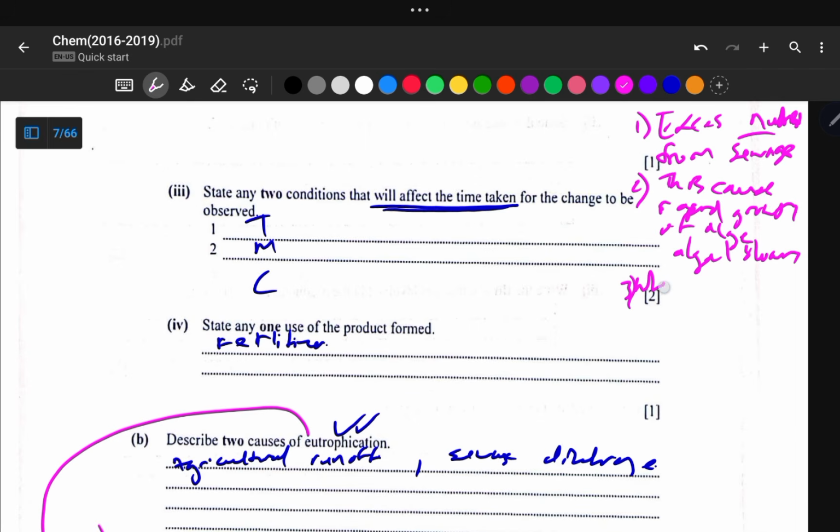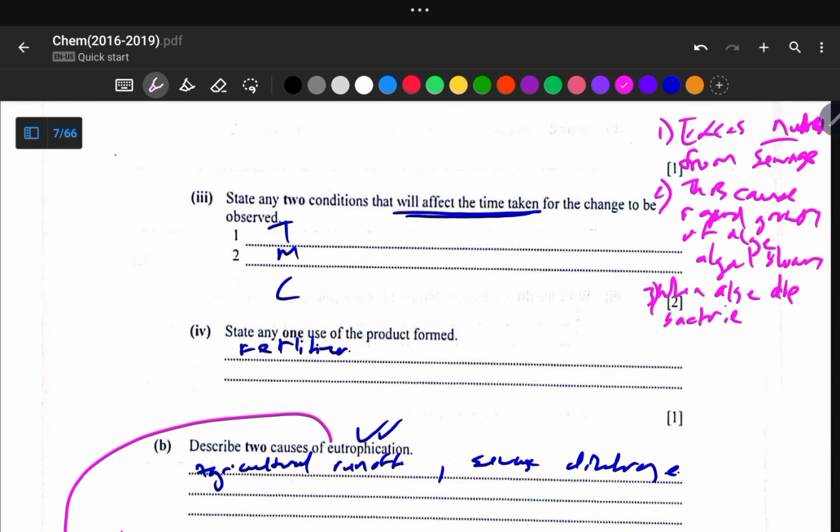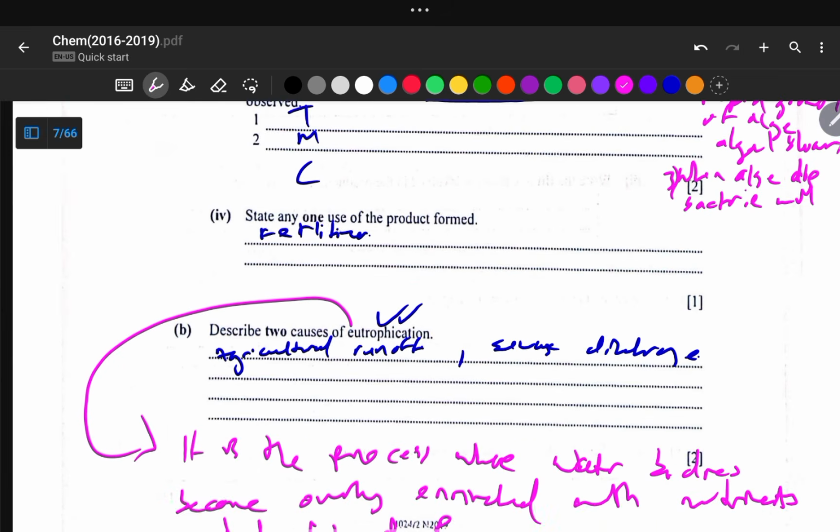And then third step, when algae die, the bacteria will decompose the algae, thereby using oxygen in the water bodies, depleting the concentration of oxygen, right?